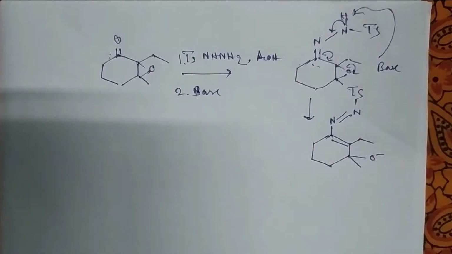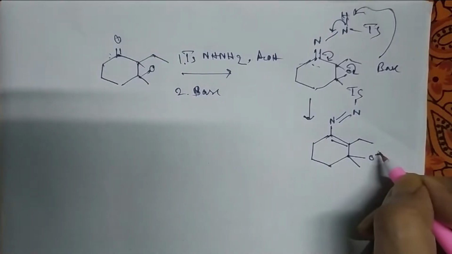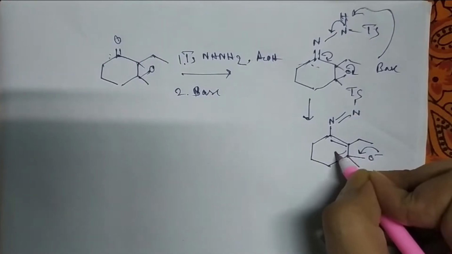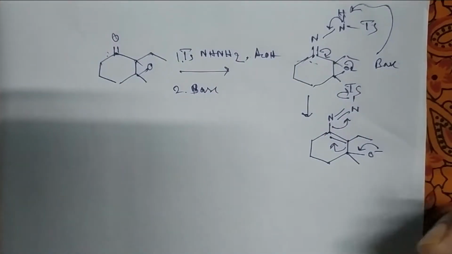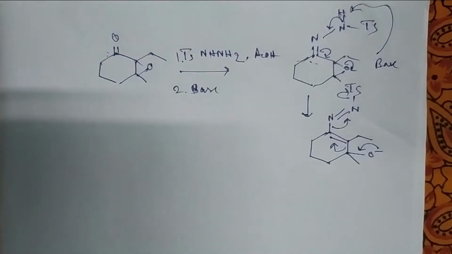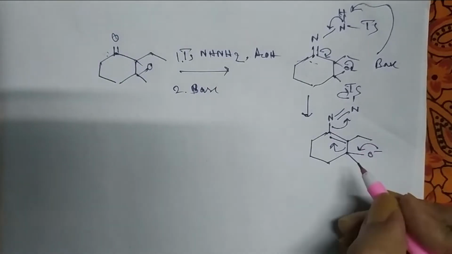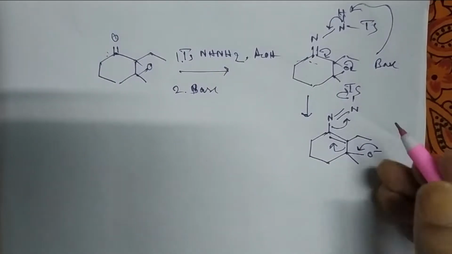Now again the O minus pushes back, this bond goes here, this bond goes here, this one goes here. N2 is lost from the reaction, and again Ts minus is a good leaving group.